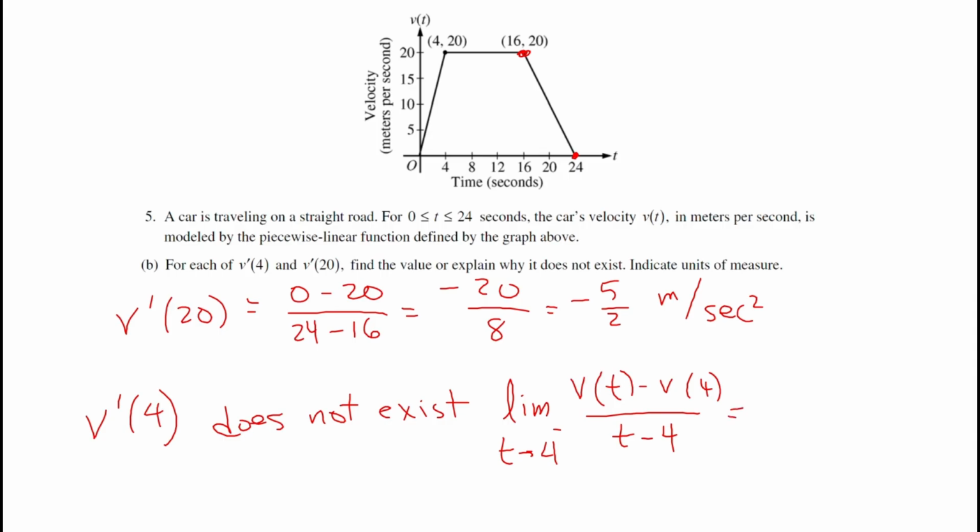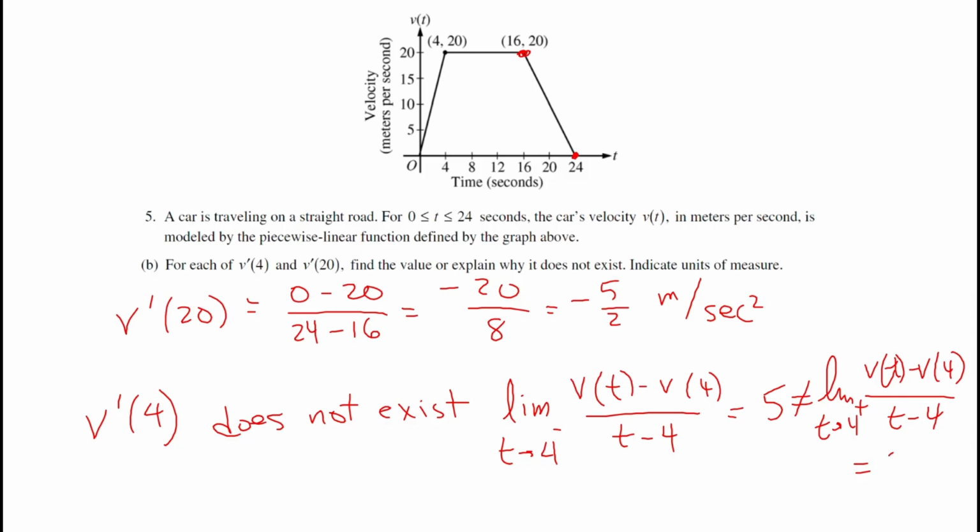Well, that slope there is always, from whatever t value we're looking at as we get close to 4, just the slope of the line from 0, 0 to 4, 20. That's a slope of 5. And that does not equal the other slope on the other side, right? The slope on the other side, as we approach from the right-hand side of the same thing, equals 0.